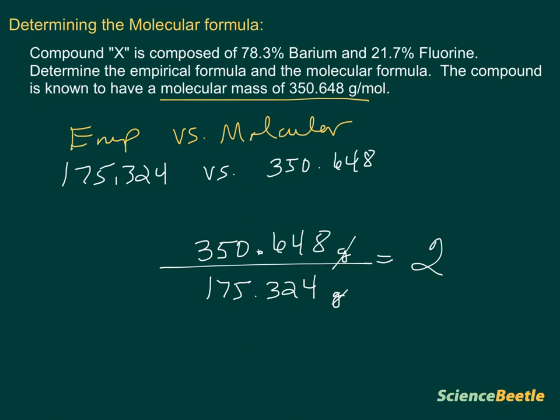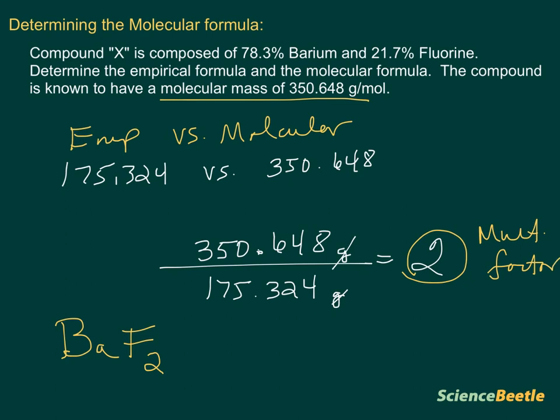Because this is the case, we now need to go back to the original empirical formula, which was BaF2. This number 2 is your multiplication factor, which means we take this 2 and multiply it by each of the subscripts in the empirical formula. Remember there is an understood 1 here, so we multiply the 2 here and there.